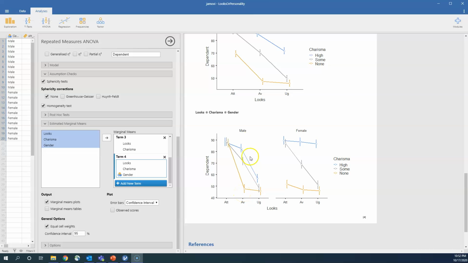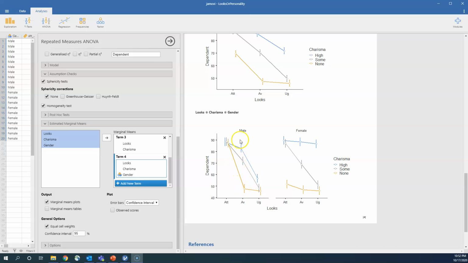Since we have a third independent variable of gender, we have to draw 2 different graphs to depict the interplay between charisma and looks on men and charisma and looks on women. So again, here we've got the ratings of the enjoyment of the date on the y-axis, and we're going to start to take a look at how these interplay with each other.